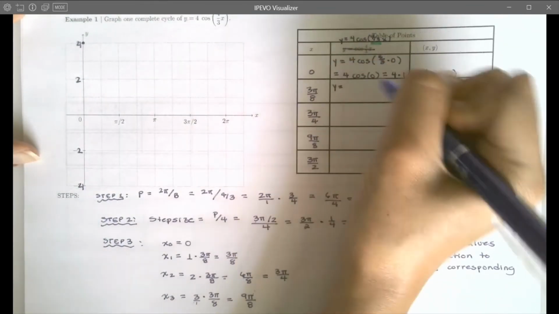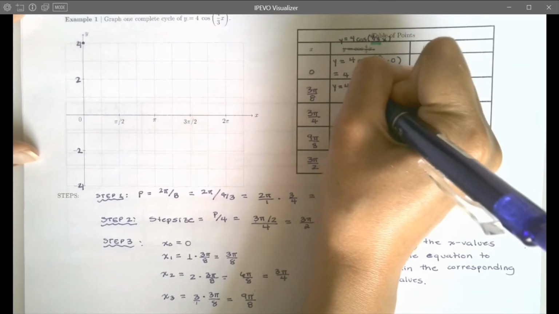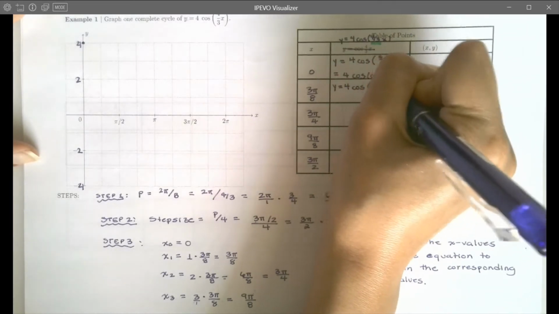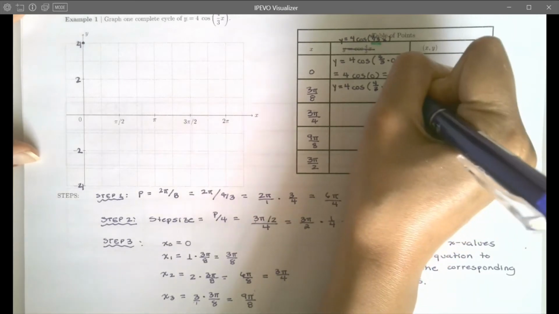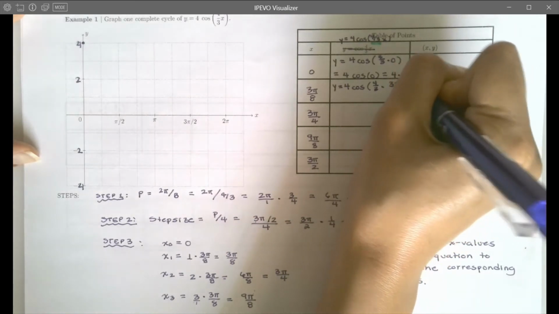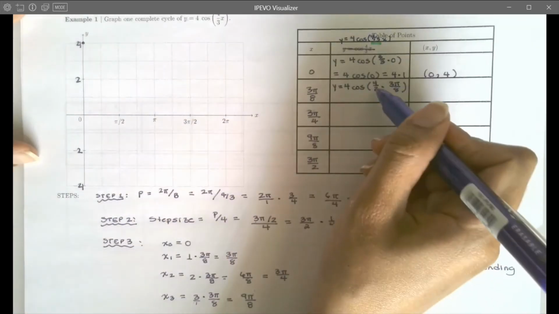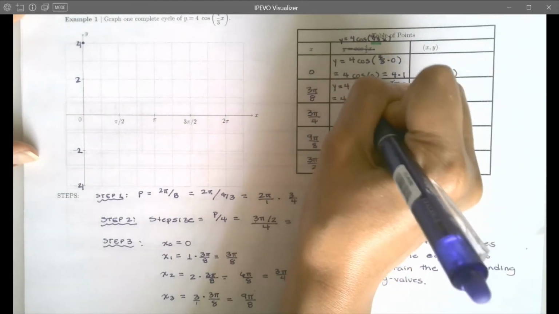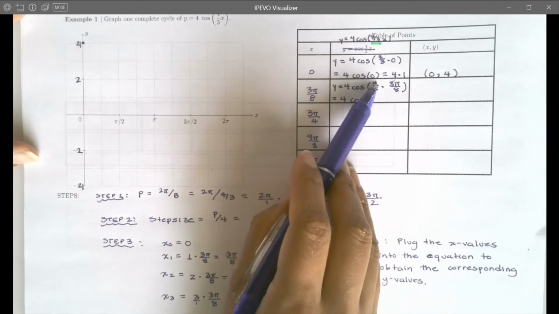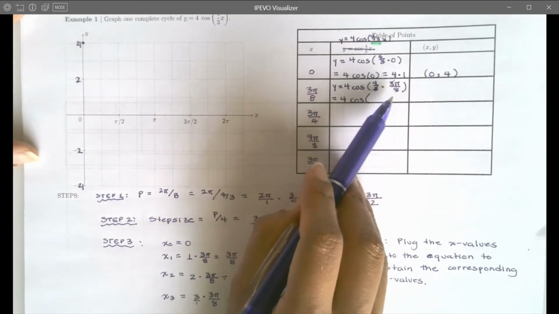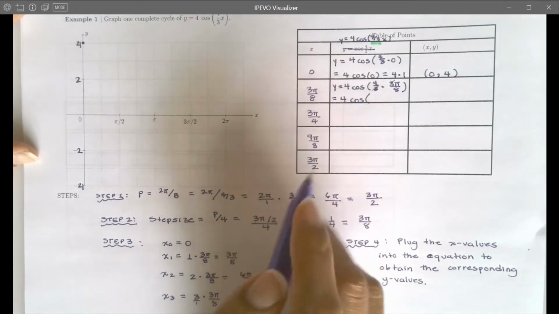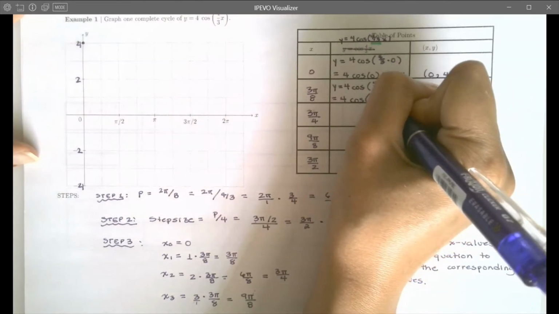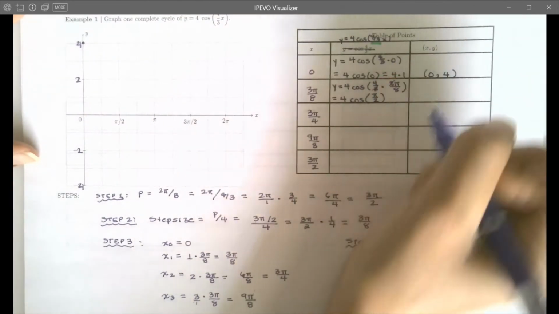Okay, next x value, we're going to get 4 times cosine of 4/3 times 3 pi over 8. The 3's are going to cancel, and it's going to give us 4 times cosine of 4 pi over 8. But that's going to reduce down to pi over 2.